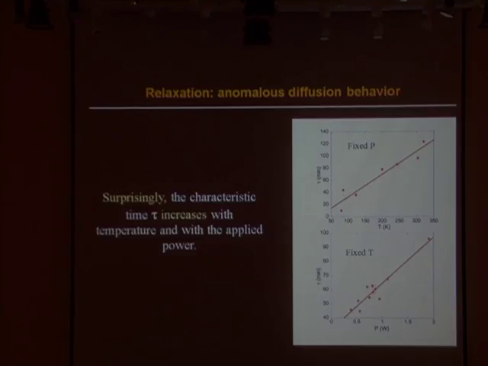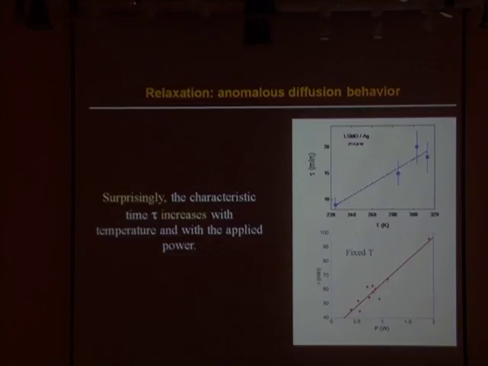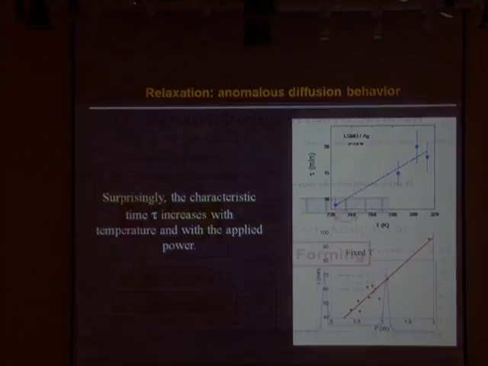But what we observe is that the characteristic time increases with temperature at a fixed power. This is the power of the applied pulses. Also, if you fix the temperature and increase the power of the applied pulses, you also obtain an increase of this characteristic time. So this is just to check that we obtain the same result in a manganate device.